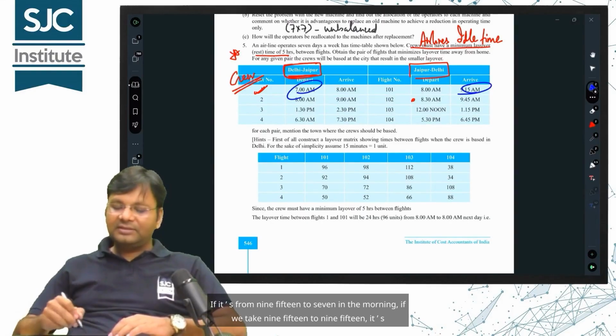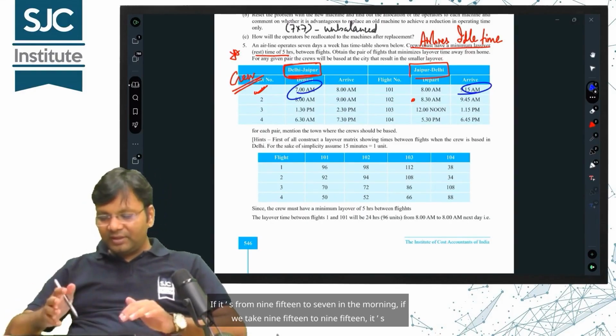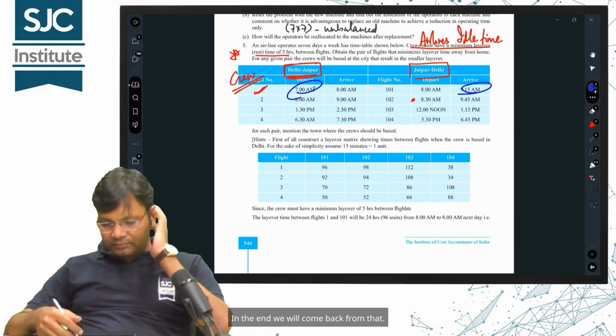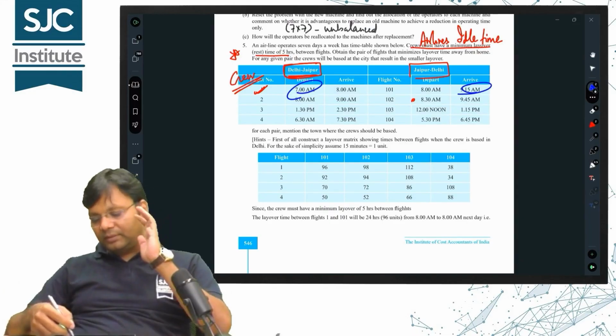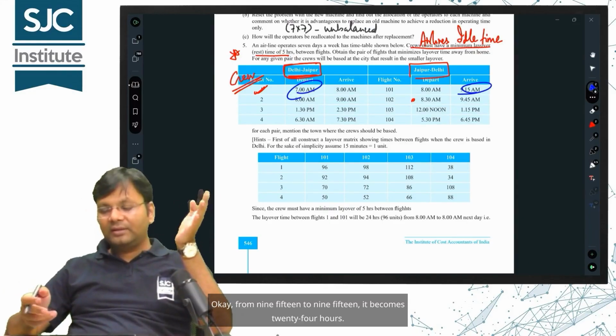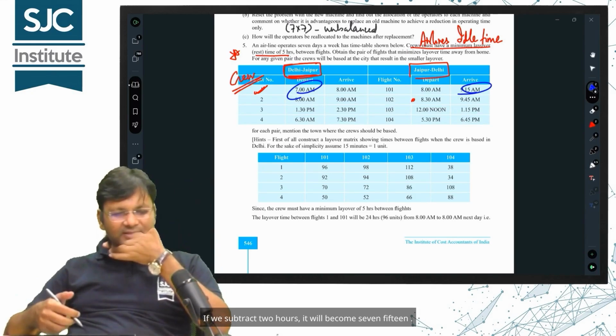If it's from 9:15 to 7 in the morning, if we take 9:15 to 9:15, it's 24 hours. In the end, we will come back from that. Okay, from 9:15 to 9:15, it becomes 24 hours. If we subtract 2 hours, it will become 7:15.